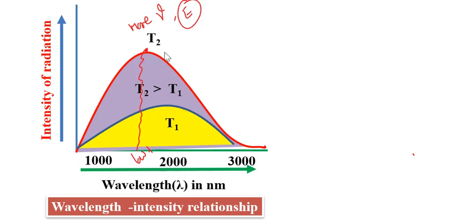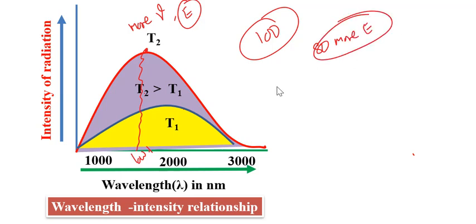Suppose 100 particles are there, out of 100 around 80 particles have more energy. Okay, like that. At low temperature, out of 100 only 50 particles have more energy. See here, the fraction of the particles is a smaller number. Here the fraction of the particles is a larger number.